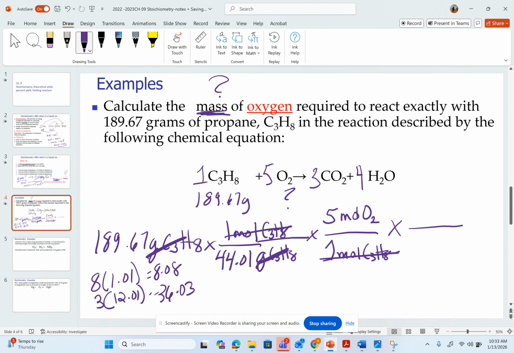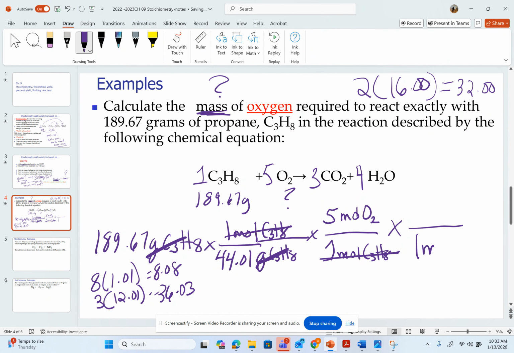If I want to get to mass of oxygen, I use the molar mass of this molecule. So I know I have 2 atoms of oxygen, each at 16.00 is 32.00. So the molar mass of O2 is 32.